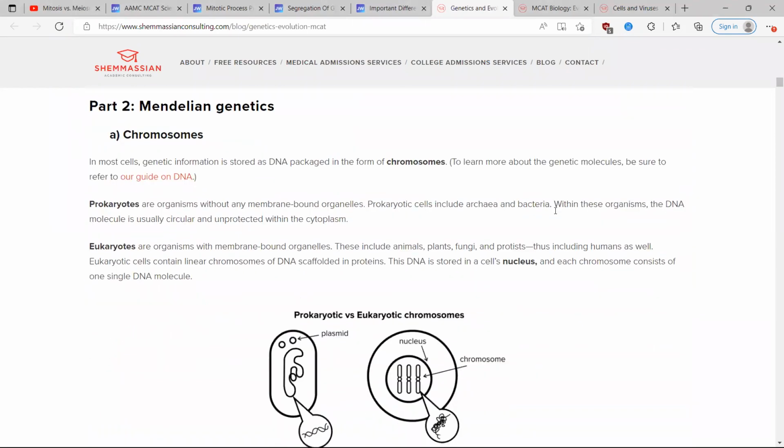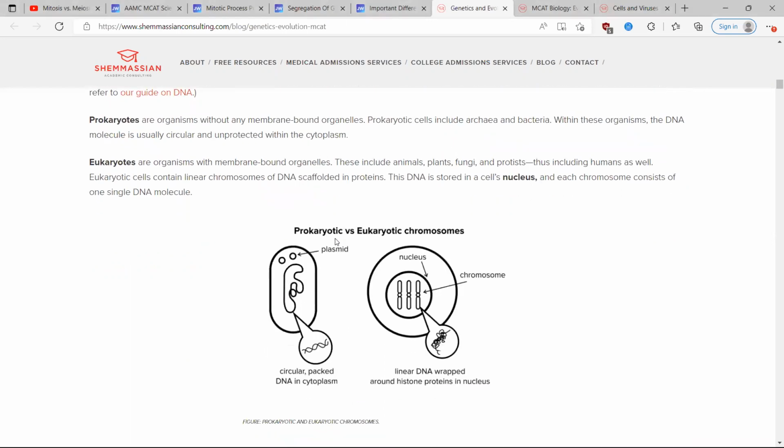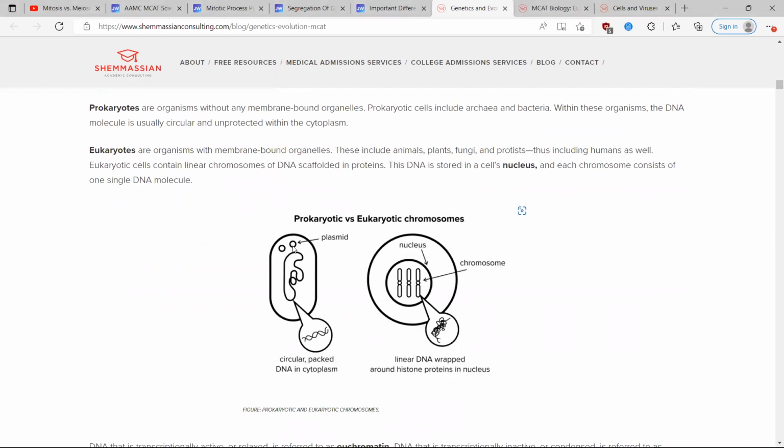First things first, we talked a little bit about chromosomes last time. We talked about DNA packing and how it's stored in our cells. The major difference between prokaryotes and eukaryotes is the structure of the stored chromosomes. In prokaryotes, it's circular and it's not sequestered in a nucleus.